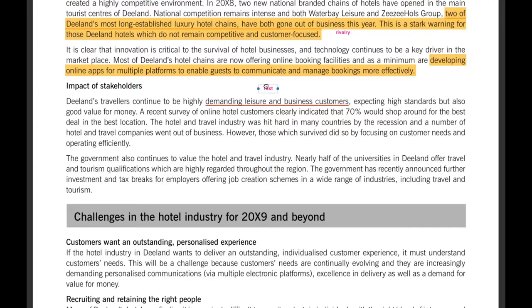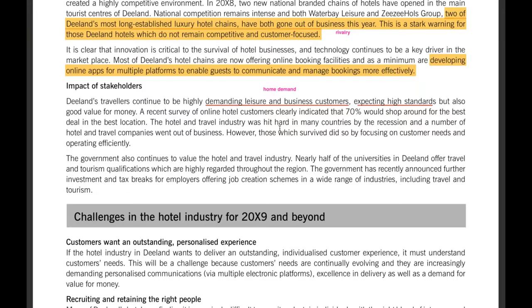There are quite a lot of points related to Porter's diamond. Expecting high standards is the nature of the home customers, but also good value for money. A recent survey of online shoppers indicated that 70% would shop around for the best deal in the best location.